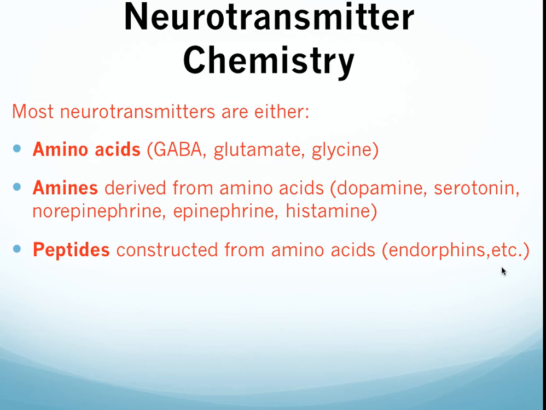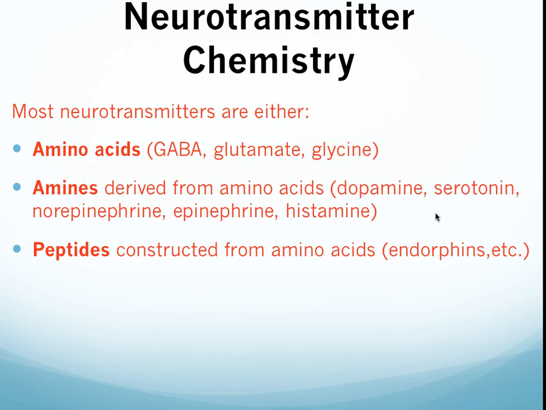They have amino groups on them. All right, so they're derived from amino acids, but they have some extra things added to them, and they have amino groups. So these are things like dopamine, serotonin, norepinephrine, epinephrine, and histamine. And don't worry, we're going to get into more details about these. Then we have a group called the peptides.